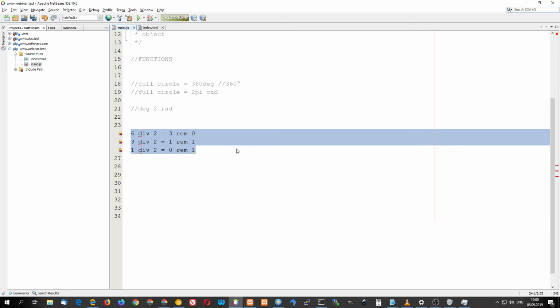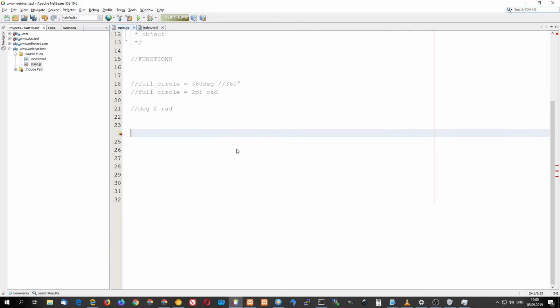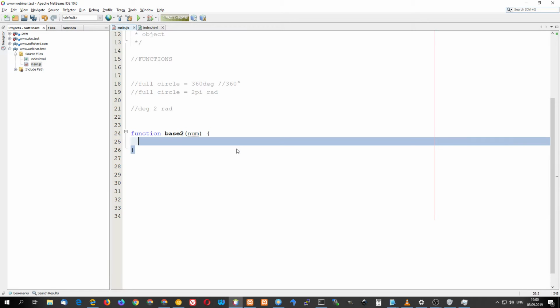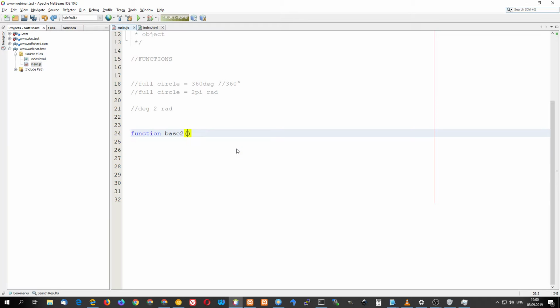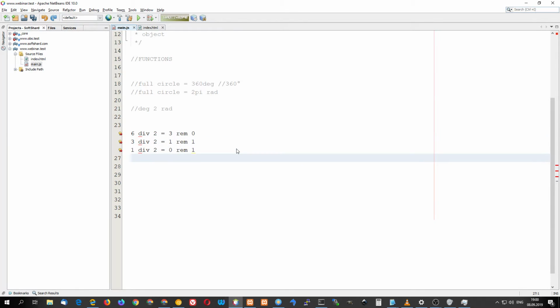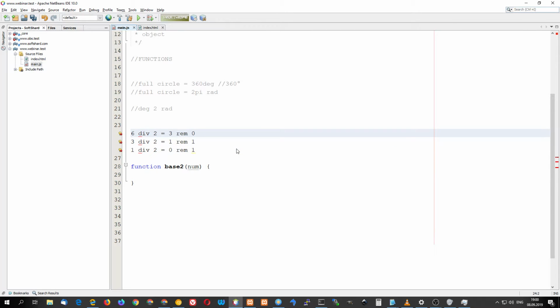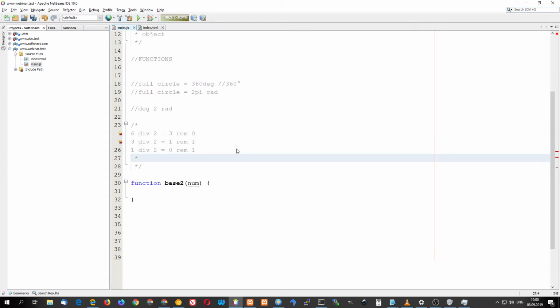So let's write a function that will convert any positive integer from base 10 to base 2. We're not going to deal with fractions or negative numbers. What would we do with 0?